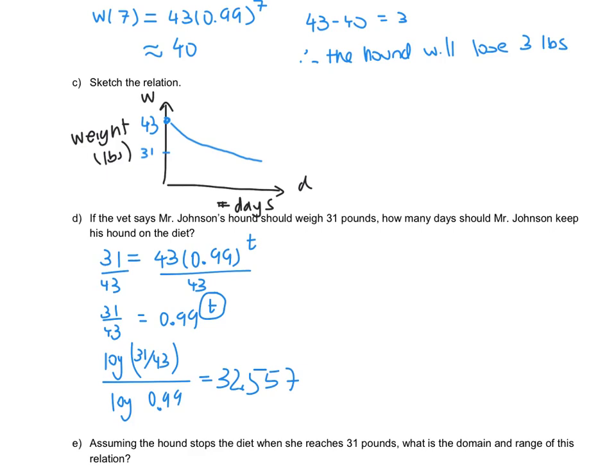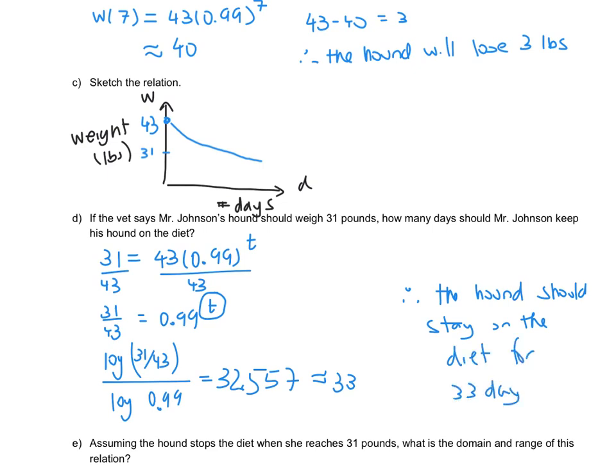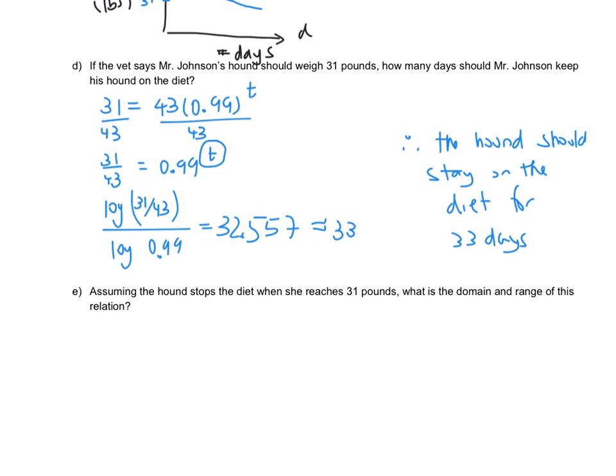So it has dropped down to that 31 weight. So we're going to round this to 33 days. So therefore, the hound should stay on the diet for 33 days.